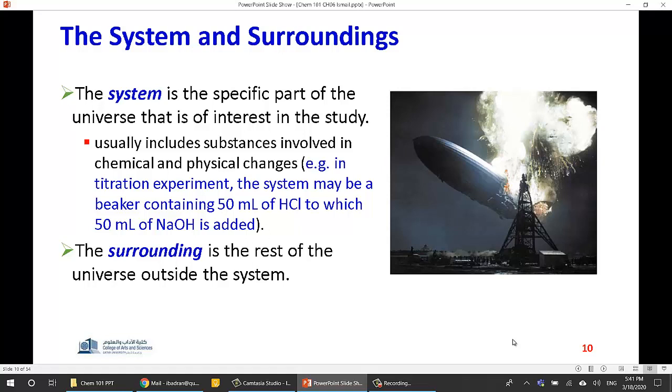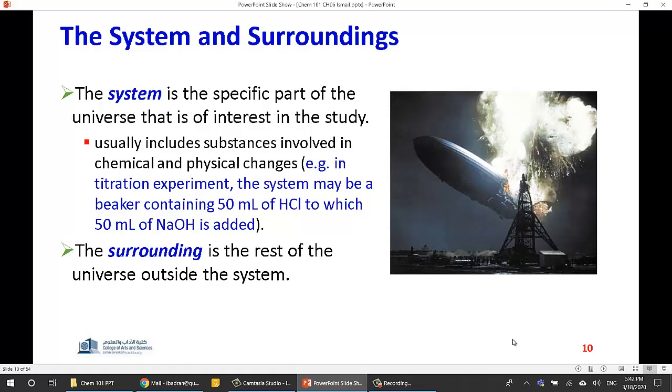For somebody who's a meteorologist working in weather, maybe the system is as big as a country or a region itself. For example, maybe the weather of the Middle East is our system, and the other atmospheric systems in Europe and in Asia and India would be the surroundings of that system. The system might be the Earth itself, and everything else will be the surroundings.